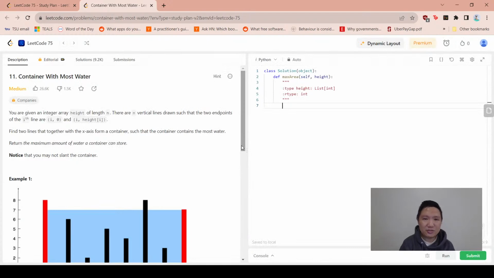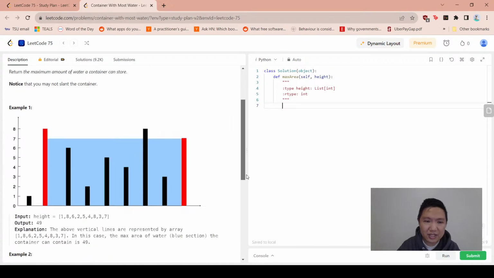Alright. As usual, we're gonna start by looking at our question. It says here container with most water. You are given an integer array height of length n. There are n vertical lines drawn such that two endpoints of the ith line are (i, 0) and (i, height[i]). An array height of length n.